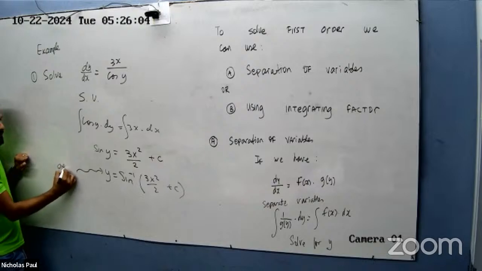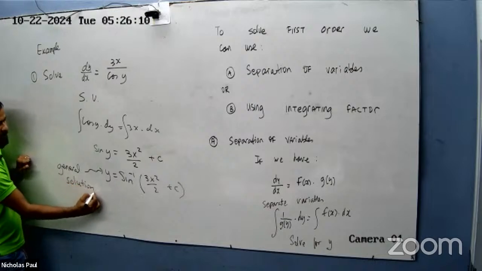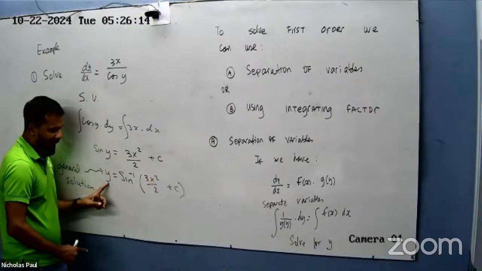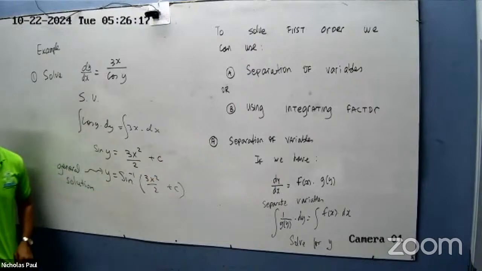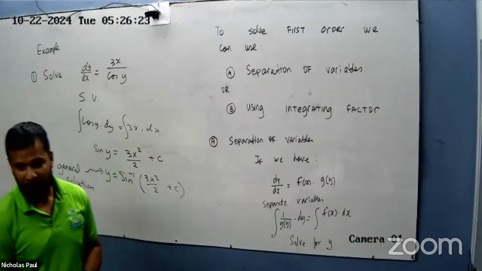This is your general solution. What is the particular solution? They give you an x value and a y value, and you have to solve for c. That particular value for c is called a particular solution.